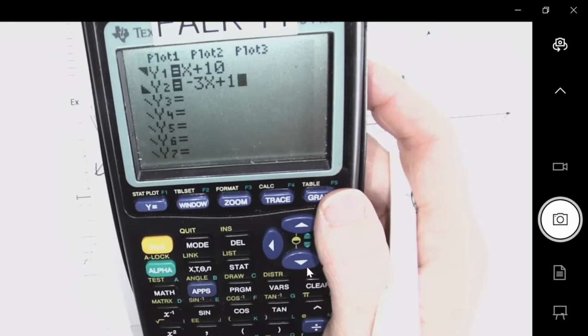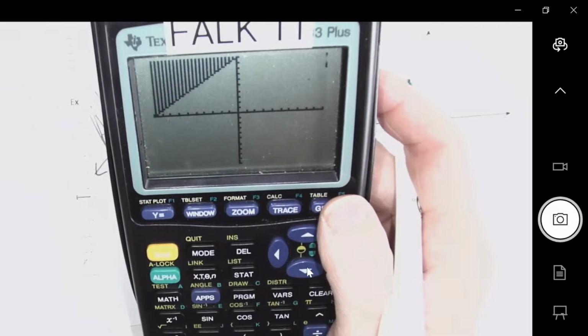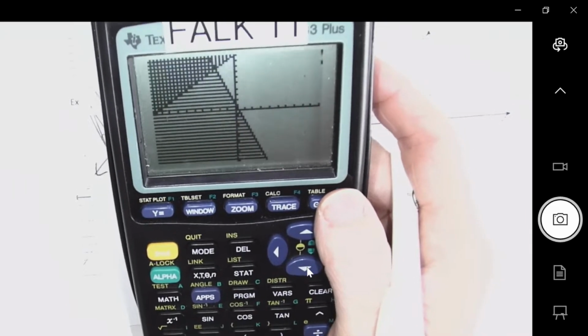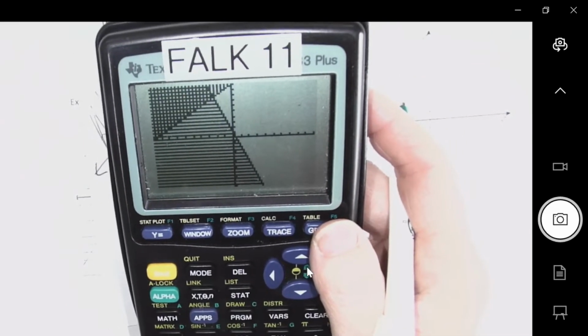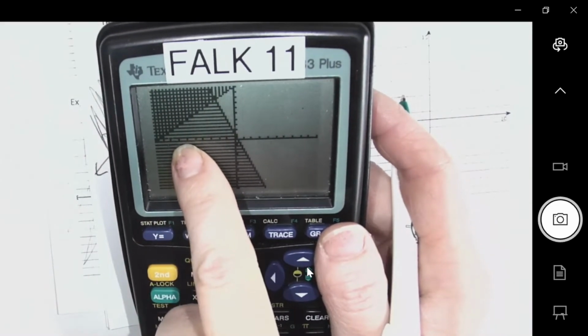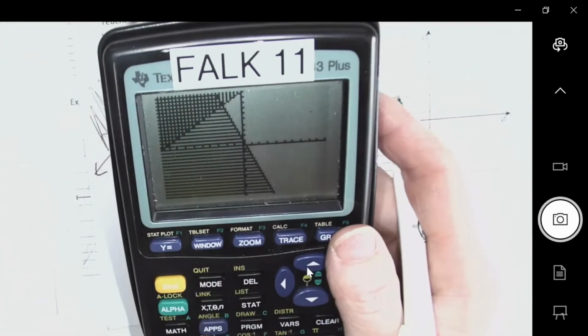Should we see if it works? Graph. Can you tell from your graph on here which part is the double shaded? Obviously it shades both, but this would be the intersection.